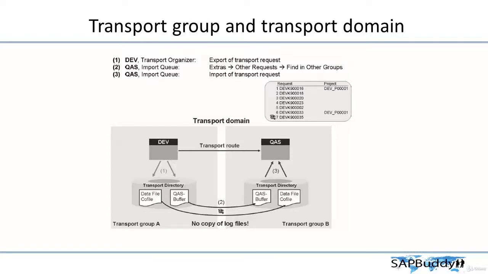Let's say you have a set of servers in a different physical location, connected through a low speed internet connection or low speed leased line. In that case, accessing the central transport directory from the remote location may be difficult or time consuming because of the slow speed. In that case you can have different directories.